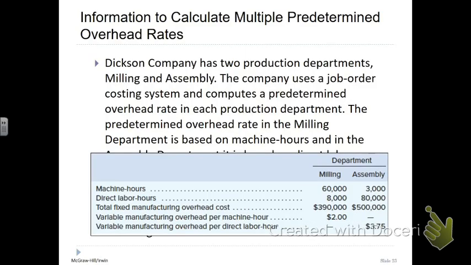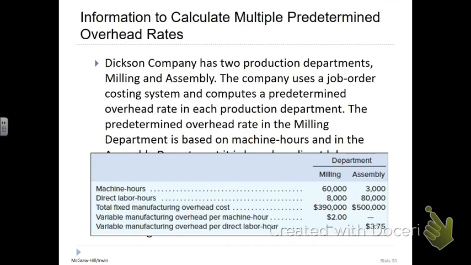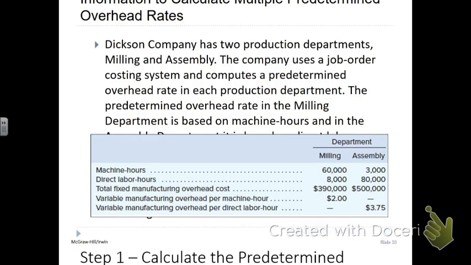Okay, in this case we've got some information. I don't know why it's a little bit convoluted like this, but the first thing we need to do is calculate the predetermined overhead rates. So they took the 390,000 for the milling department, which were their fixed costs. Notice they have fixed costs, third item down, 390 and a half a million.